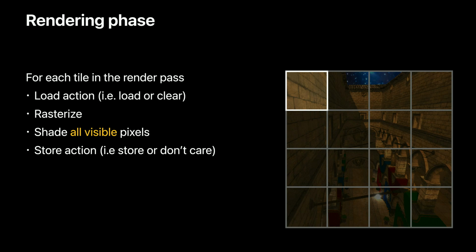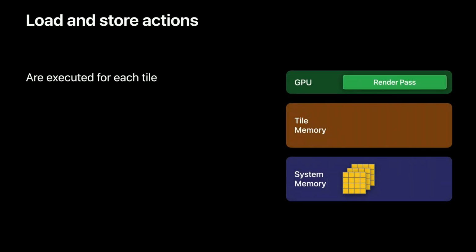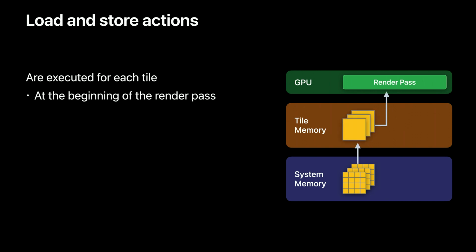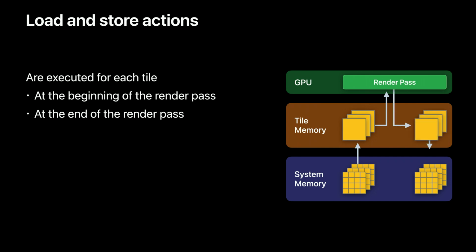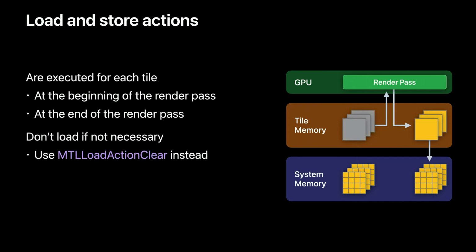What the application can control very explicitly are the load and store actions. So let's review those to make sure you got them right. Load and store actions are executed for each tile. At the beginning of the pass, we tell the GPU how to initialize tile memory, and at the end of the pass, we inform the GPU what to do with the final render. The recommendation is to only load the data that you need.